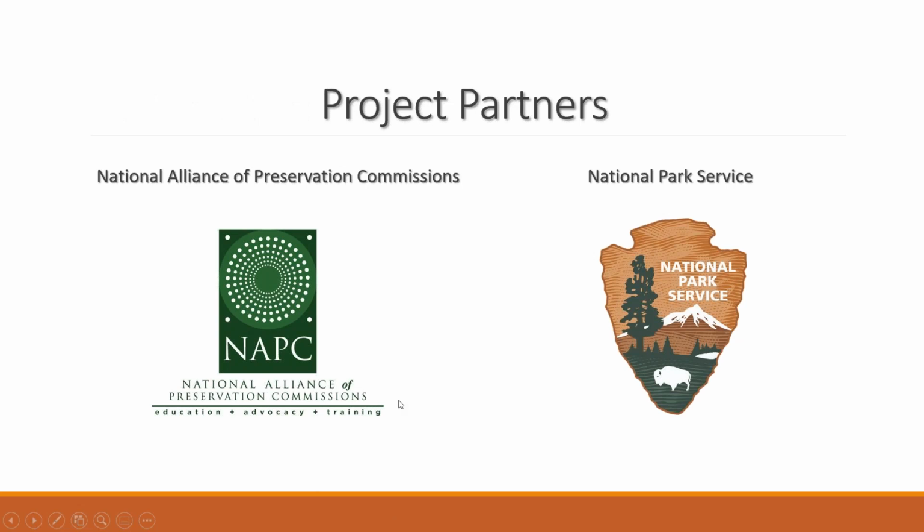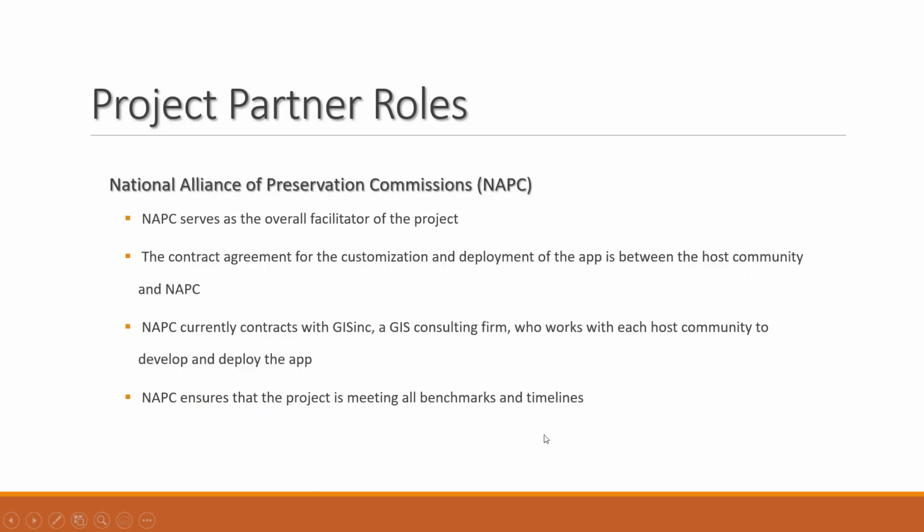The primary project partners are the National Alliance of Preservation Commissions and the National Park Service. The role of the National Alliance of Preservation Commissions: NAPC serves as the overall facilitator of the project. The contract agreement for the customization and deployment of the app is signed between the host community and NAPC.